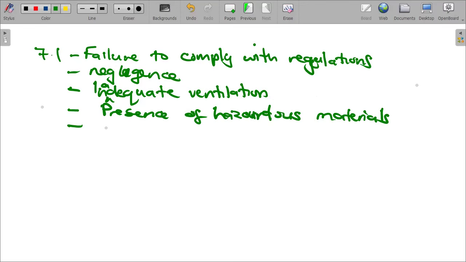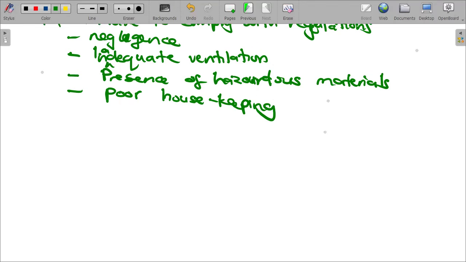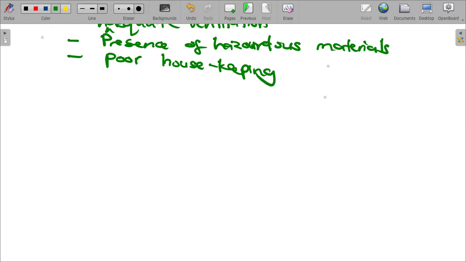It may be due to poor housekeeping. It might be due to lack of enforcement of safety rules.